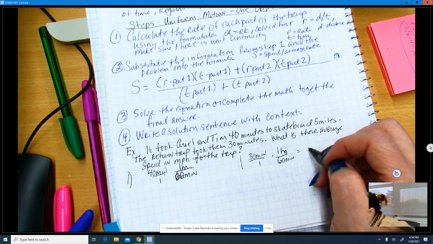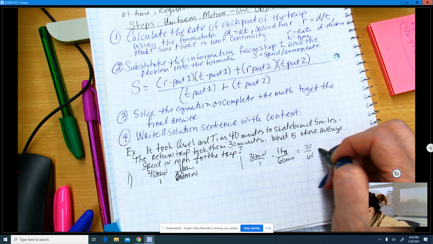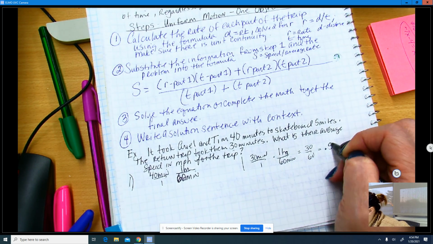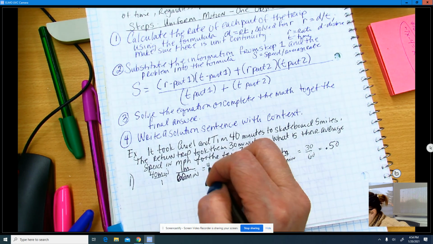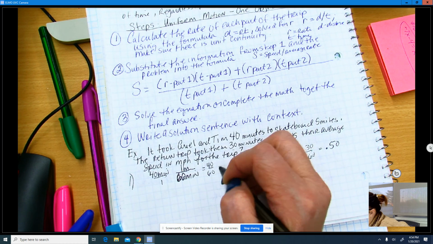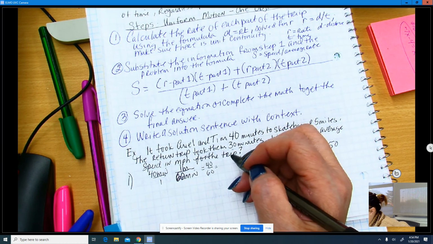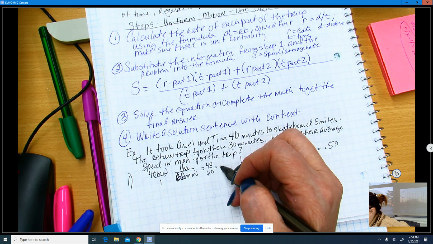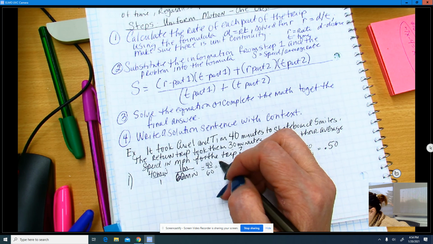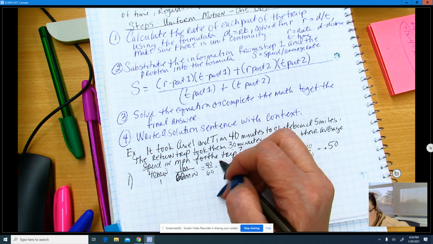So this one's pretty easy. 30 over 60 is going to give me 0.5 or 0.50. Here I'd wind up with 40 over 60. If I cut that down using tens, I would have 4 over 6, or using 20s, 2 over 3.